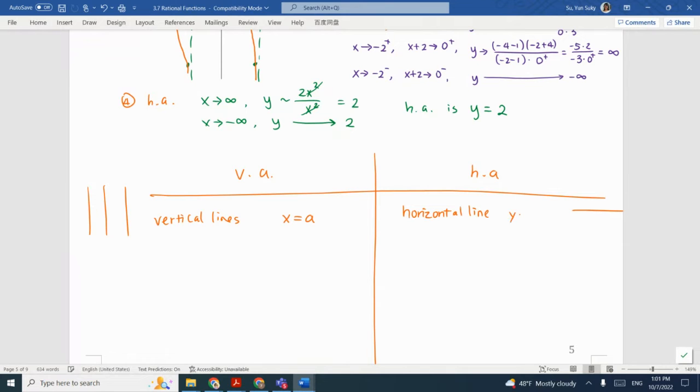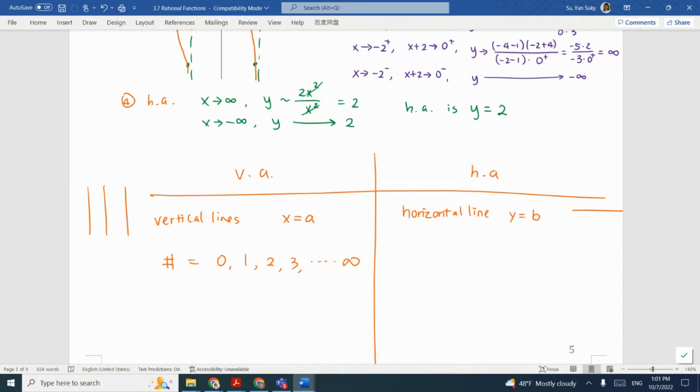Okay, horizontal lines. So y equals a number. And how about the number? So the number of vertical asymptotes, you can have 0, or 1 vertical asymptote, or 2, or 3. You can have as many as you want, or infinitely many.